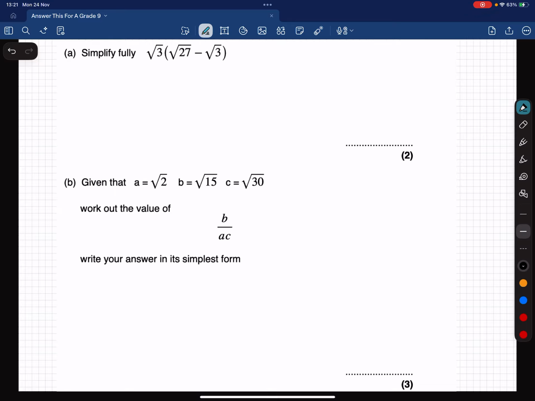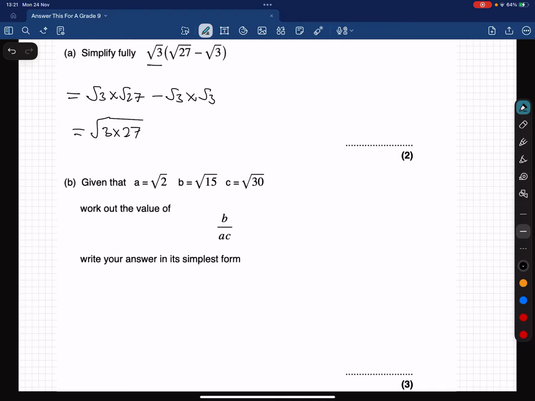So root 3 times (root 27 minus root 3) in the bracket is equal to root 3 times root 27 minus root 3 times root 3, which is equal to the square root of 3 times 27.